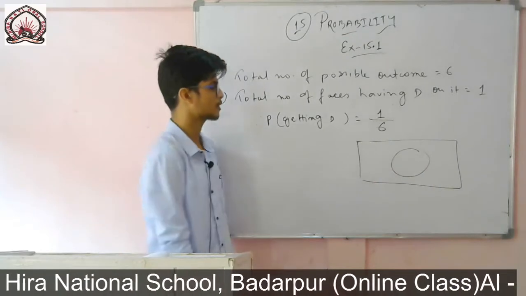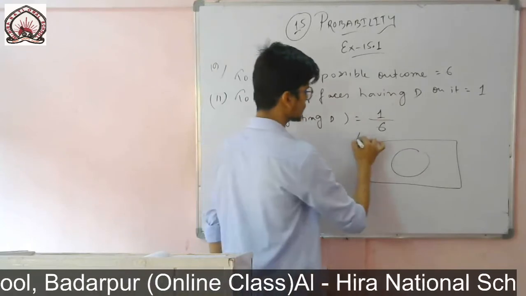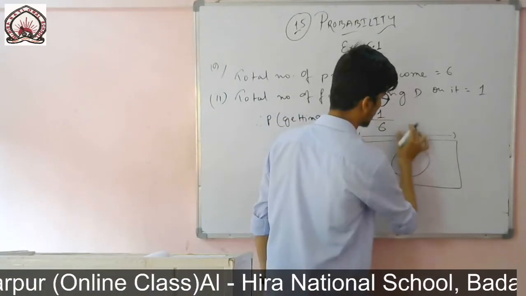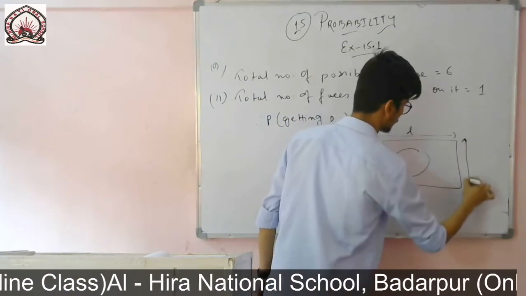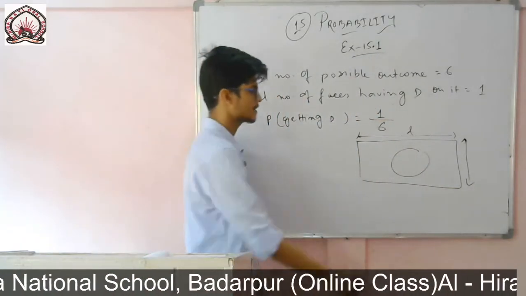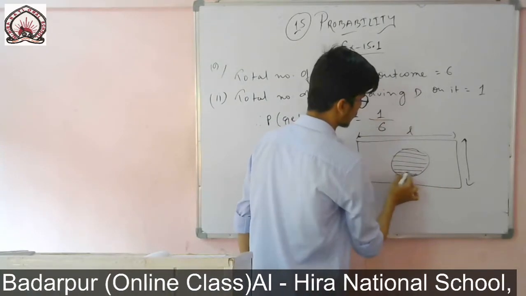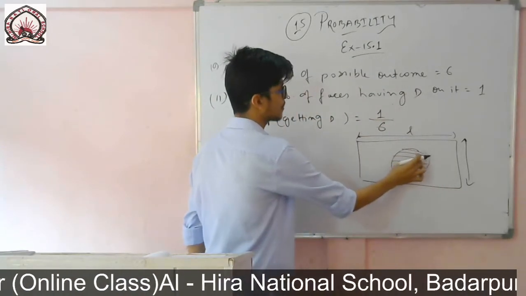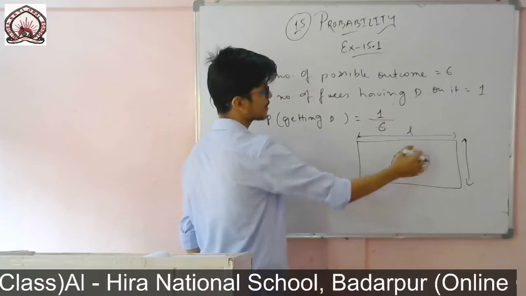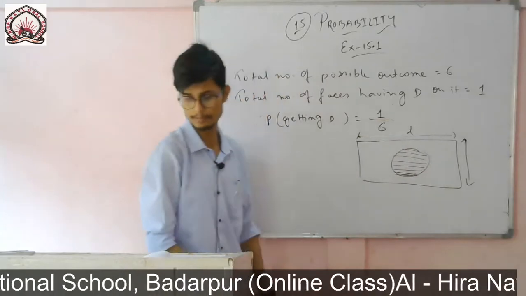So first of all, for doing this, I will find the area of this rectangle. Area of this rectangle will be length into breadth. The area of the rectangle will be equal to the total possible outcome, and this circular region will be our favorable outcome, because the question is what is the probability that the die will fall in this circular region. The diameter of this circle is given as 1 meter.